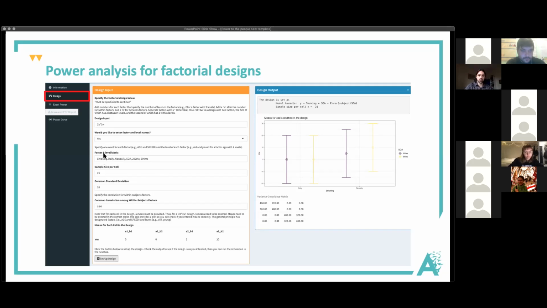Here we just have smoking for the smoking group, and then the levels of that independent variable. So we've got 1 independent variable of smoking and then 2 levels of daily and non-daily. We then have the second independent variable of SOA, which is the presentation time of the task, and then 200 milliseconds, 500 milliseconds. We're going to start with a sample size per cell of 25.